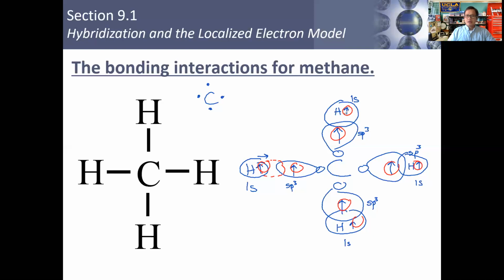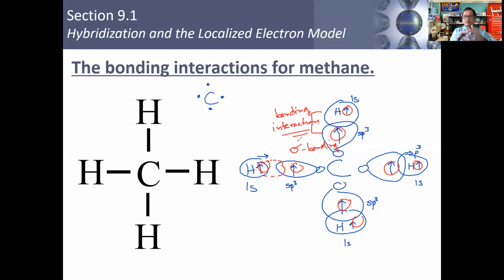Okay. This overlap, this interaction, is the bonding interaction that keeps the hydrogen and the carbon connected together. This bonding interaction, which we'll talk about much more in just a moment, is what we refer to as the sigma bond. Okay. The sigma bonding interaction.